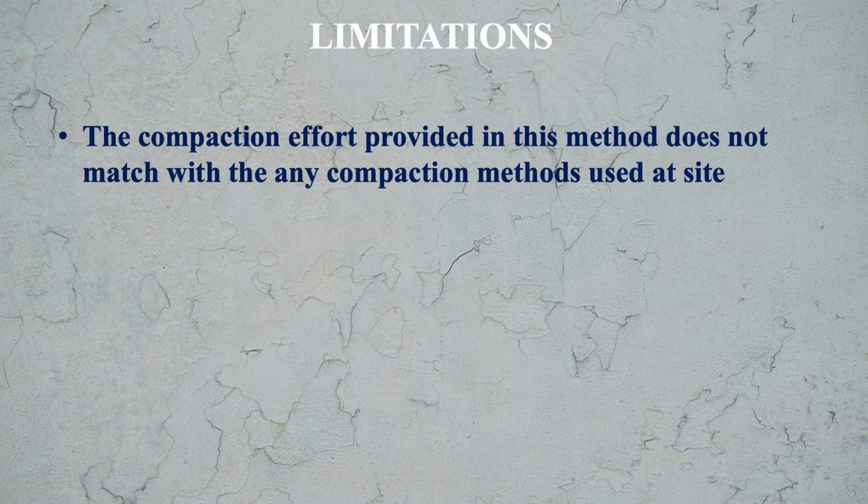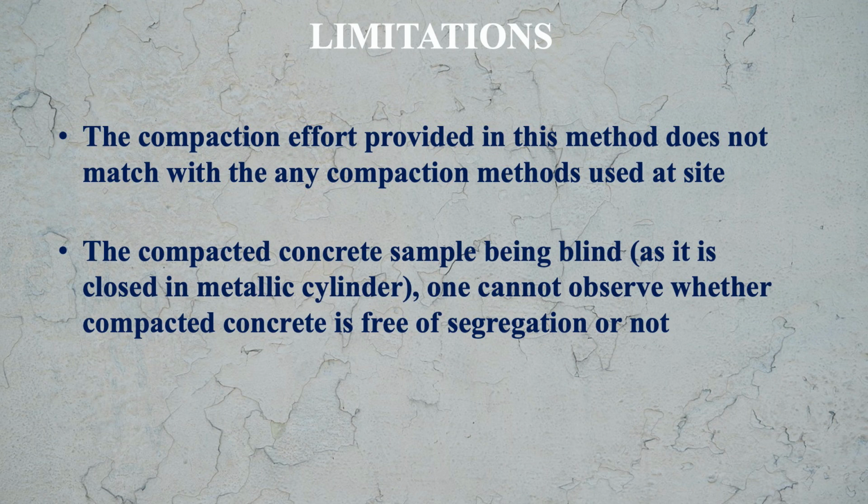Now let us see the limitations of this test. The compaction effort provided in this method does not match any compaction methods that are used at site. This is the first limitation. The compacted concrete sample is blind, meaning you cannot see the concrete inside the metallic cylinder, so you cannot observe whether the compacted concrete is free of segregation or not.